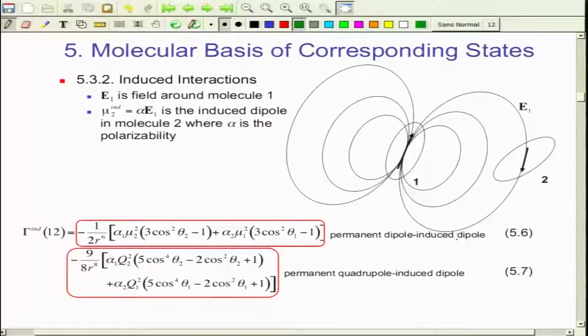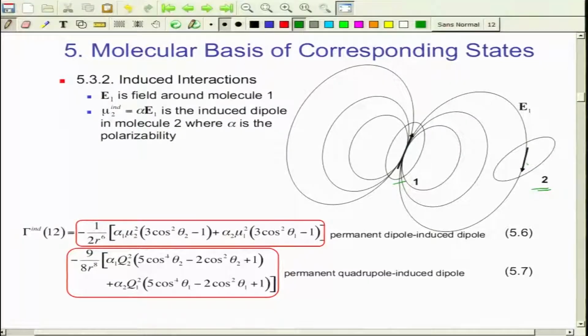Now let me continue and come to the case of the induced interaction. So you consider this molecule 1, and this is molecule 2. Due to the fluctuations of the charges, there is a transient electric field around molecule 1, and due to that field, there is an induced dipole in molecule 2.